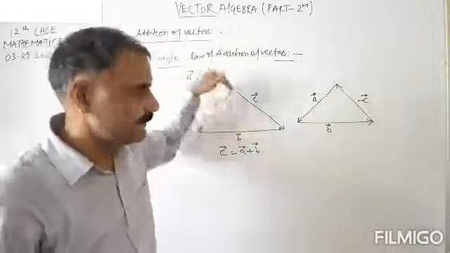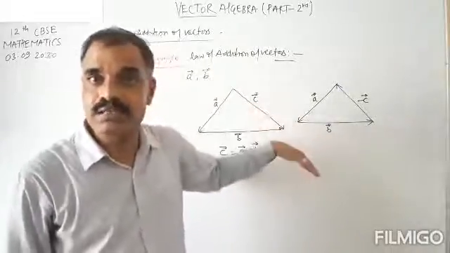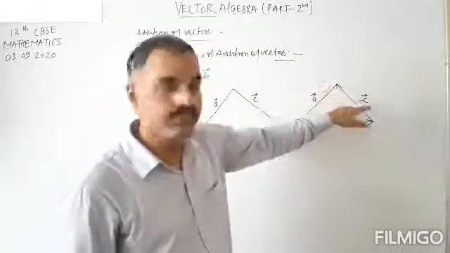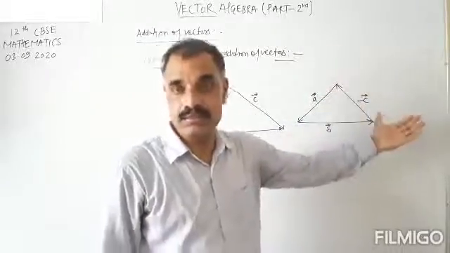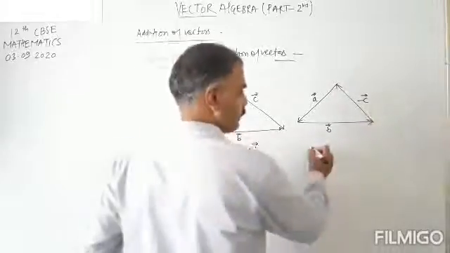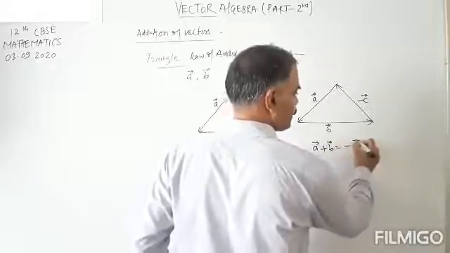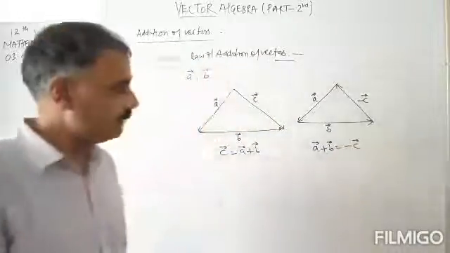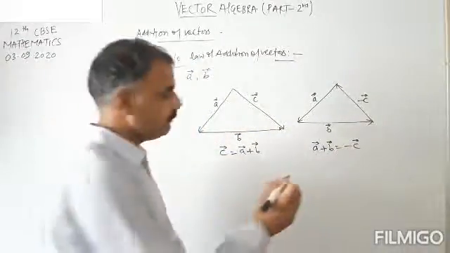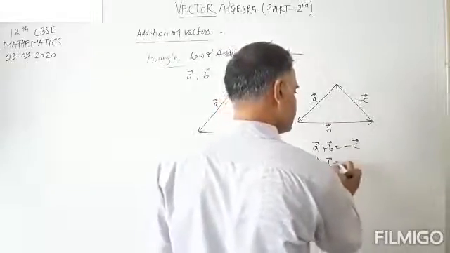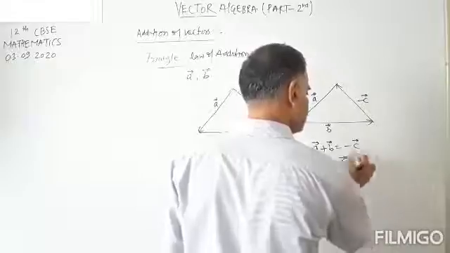C vector is in reverse direction, so when we change the direction, it becomes the negative of the given vector. So minus C vector. Now A vector plus B vector is equal to minus C vector. So A vector plus B vector plus C vector is equal to 0.